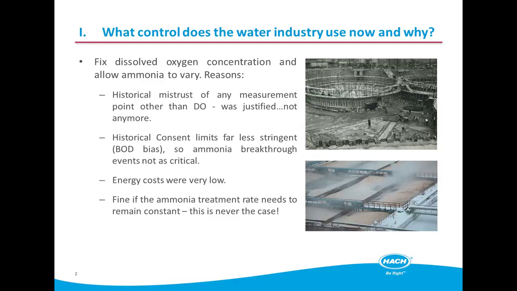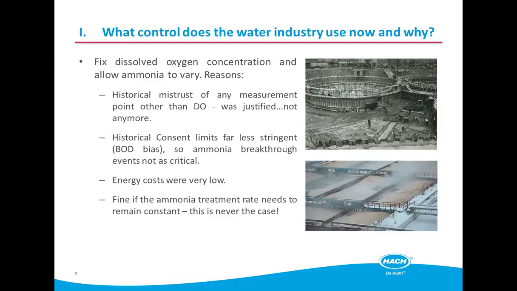When the activated sludge plant actually does need to provide elevated oxygen levels to deliver the correct treatment intensity, the fixed DO set point is set far too low, and ammonia breakthrough is the result. So in practice, the fixed DO set point is the worst of both worlds. It's both energy hungry, and it places a false performance cap on what the activated sludge plant can actually achieve, increasing compliance risk.